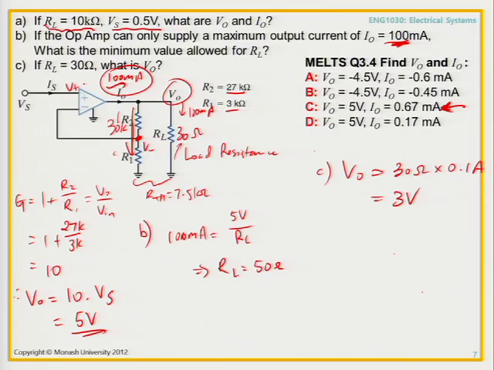Remember this negative feedback thing? We say it always makes V plus equal to V minus. Well, that's only true when everything's ideal and we're not doing nasty things to our op amp, like drawing more current out of it than is possible for the op amp to supply.